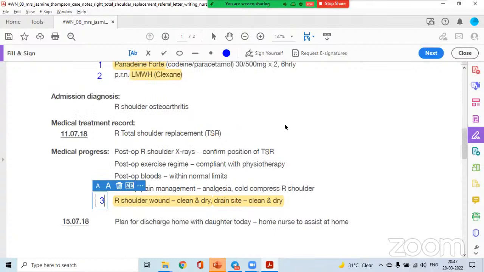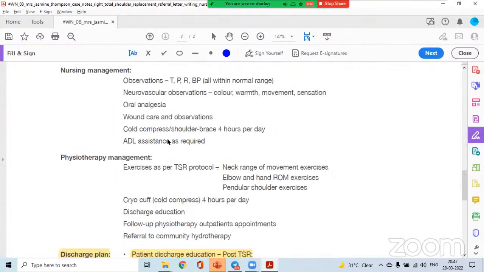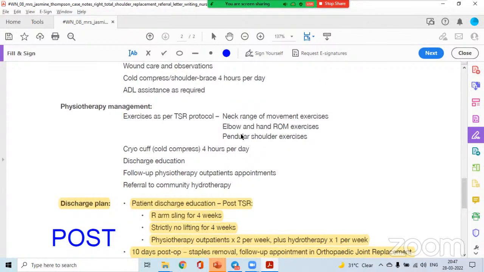Next one is exercises. Here, physiotherapy management, because everything should be perfect.